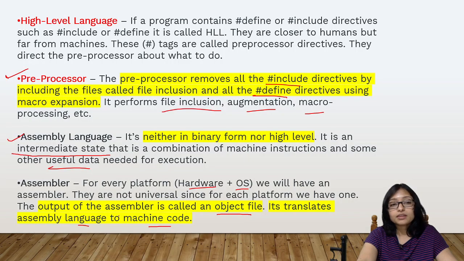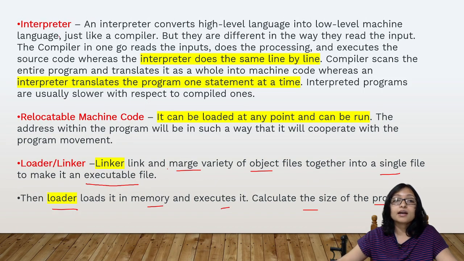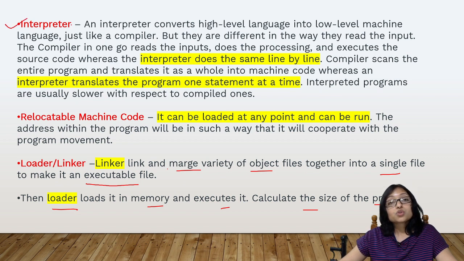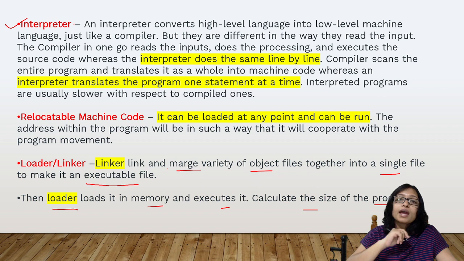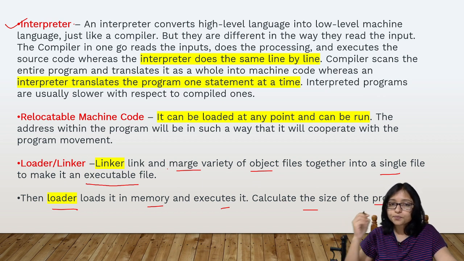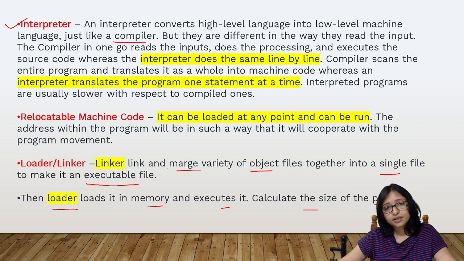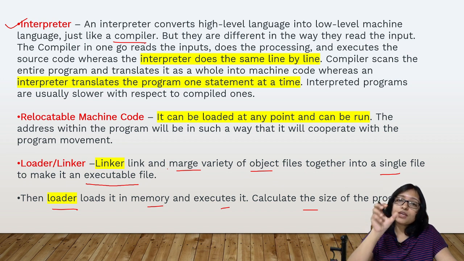But in between there is something else: the interpreter. Sometimes students get confused between the interpreter and the assembler. What is the difference between interpreter and compiler? Both are similar, but the compiler reads the whole input in one go and then processes the total.